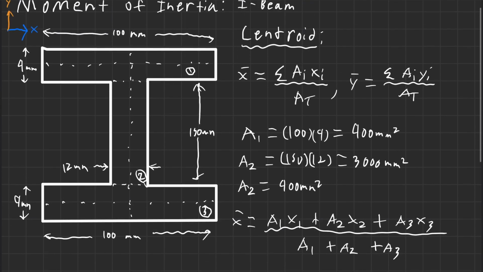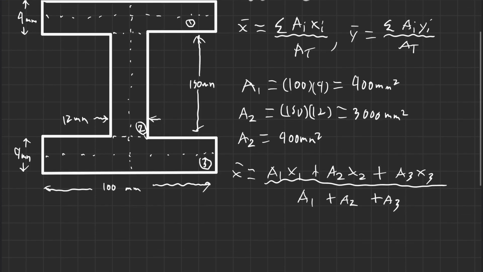So let's find that from our cross section. So what we're going to do is choose an arbitrary point on the cross section to label 0, 0. And that will be this corner here. And these are where we will take our measurements from.